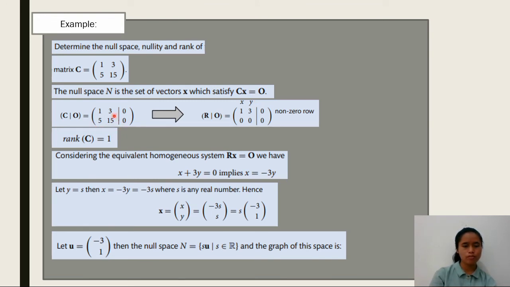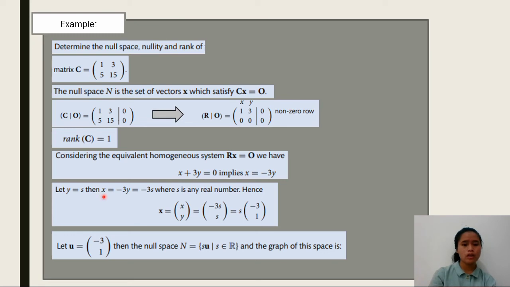We make it like this. So the rank of C is 1, because from the echelon form, we get a non-zero row in R1.